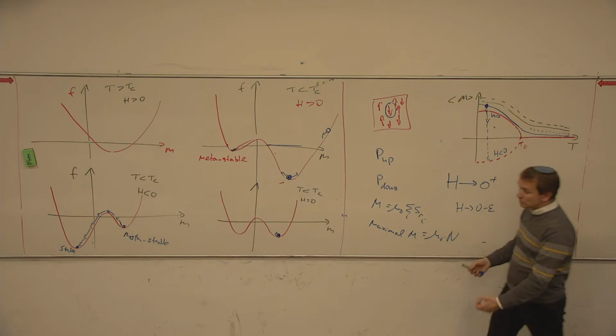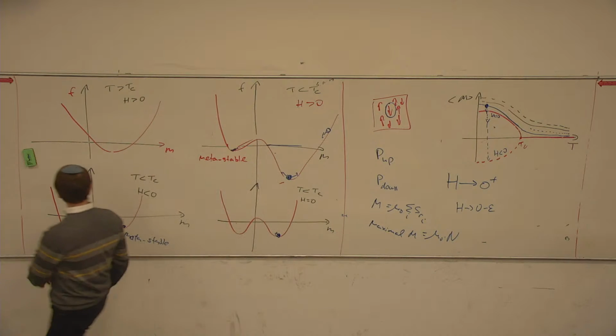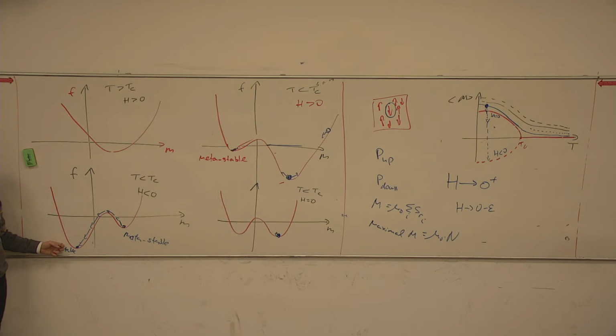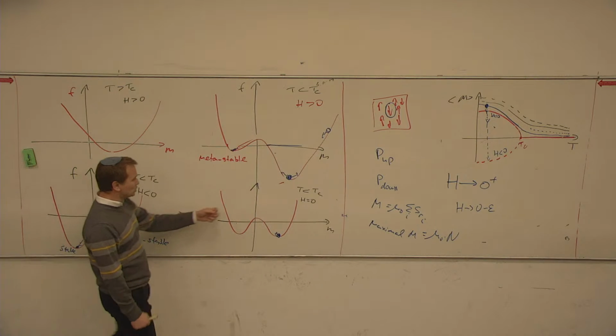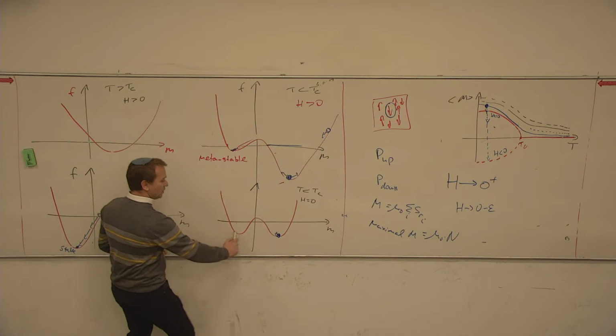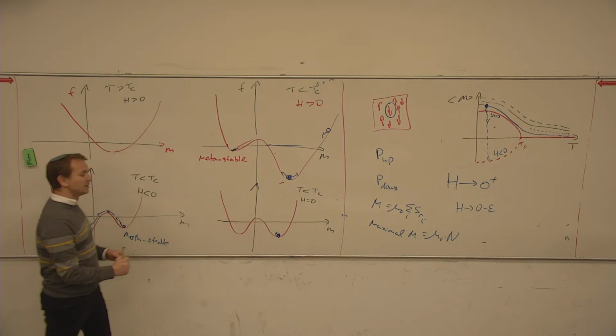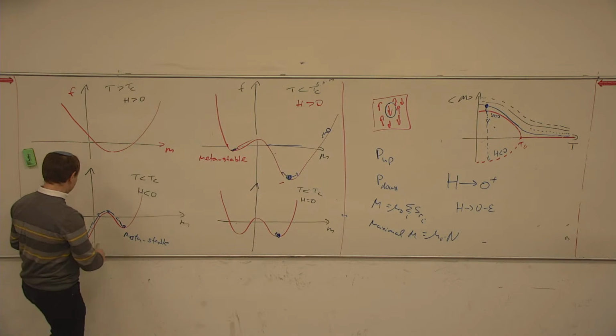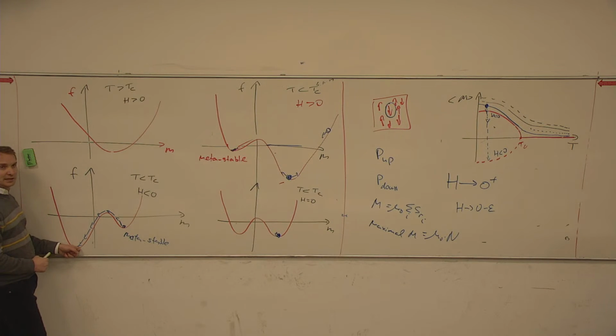Now we can go backwards, right? We can say, well, what will happen if we now reverse h? We are below the critical temperature. We approach h equals 0, so this free energy becomes symmetric. But the system is already sitting on the left-hand side, right?